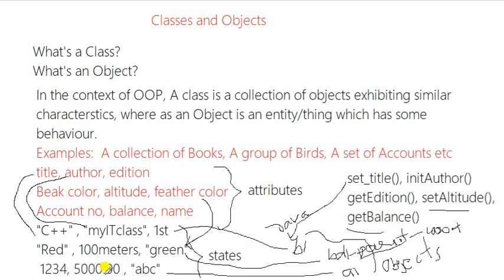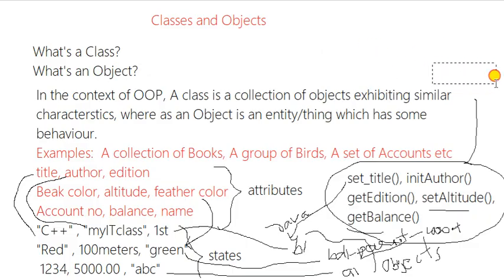You have a balance of 5000. If you want, you can change the balance with set balance. Through that you can change the states. So what I mean to say here is that with the help of these functions, which we actually call methods in the context of object-oriented programming, we change the states. In object-oriented programming, we call them methods.